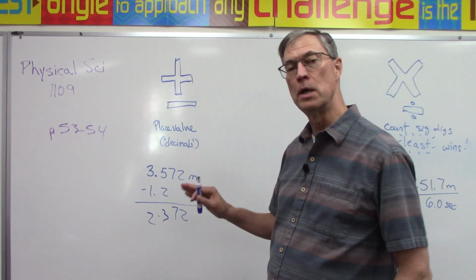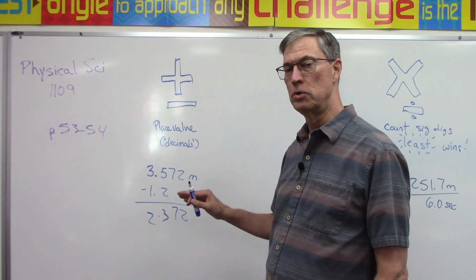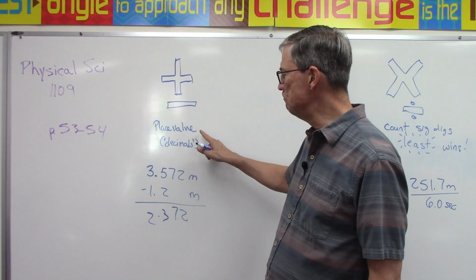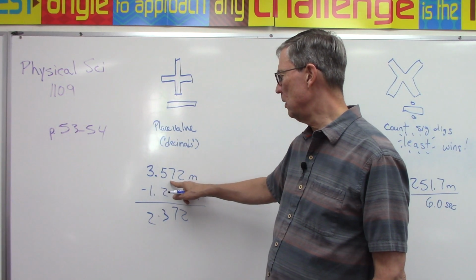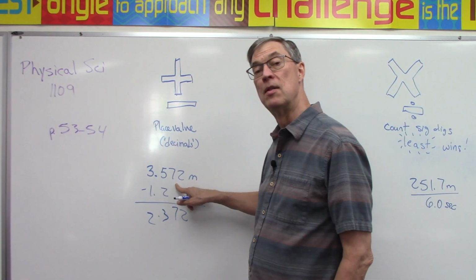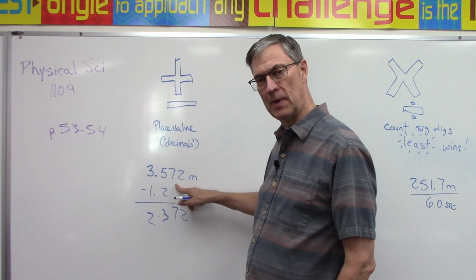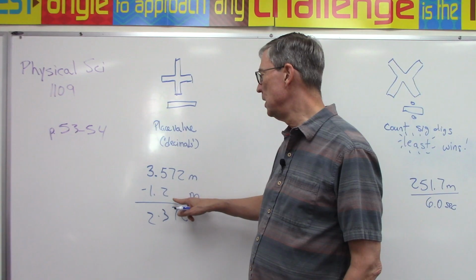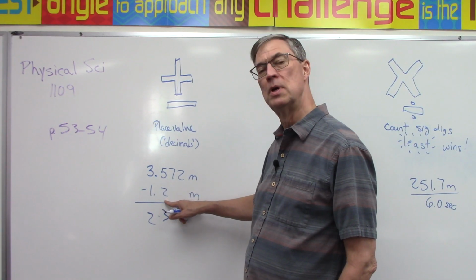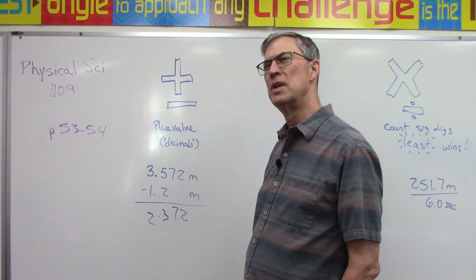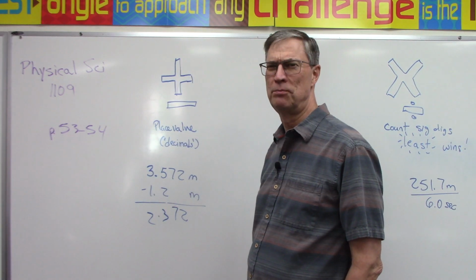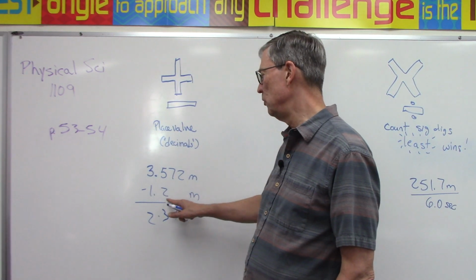However, because we're doing significant figures, we have to look at, what is the place value? This one's carried out to tenths, hundredths, thousandths place value. This one is only carried out to tenths place value. So which one is less precise? And it would be this one.